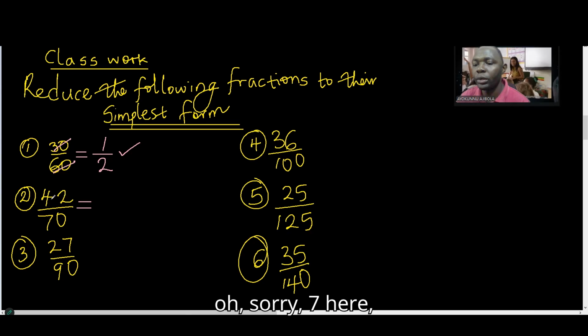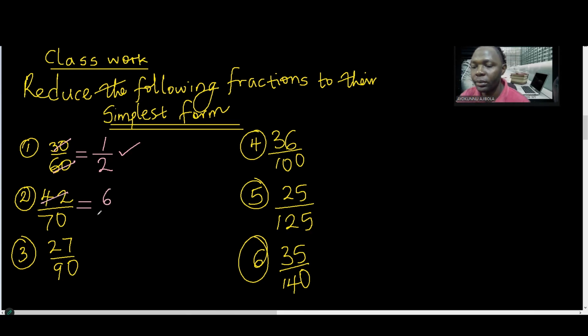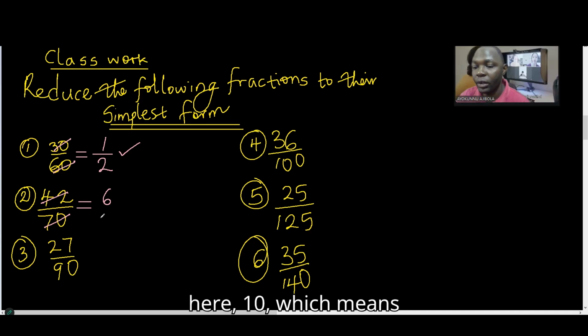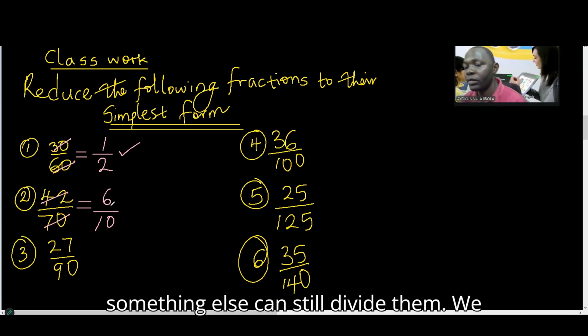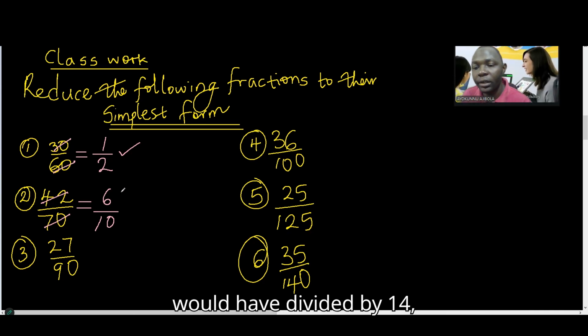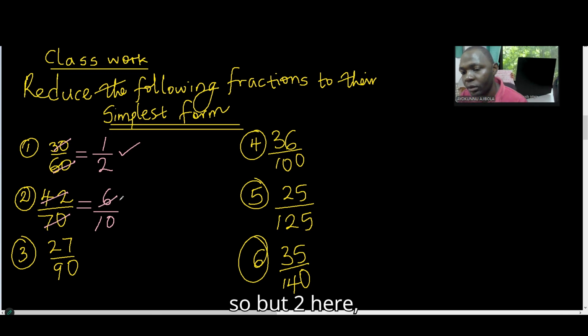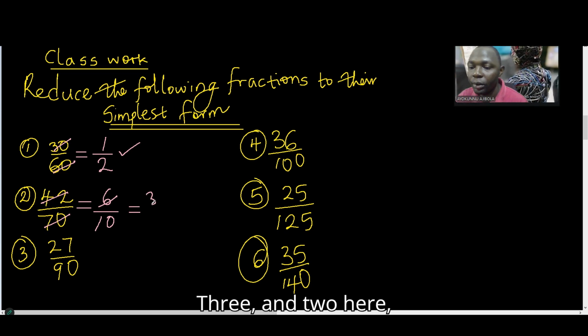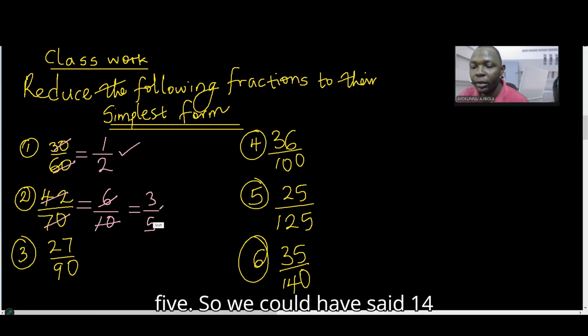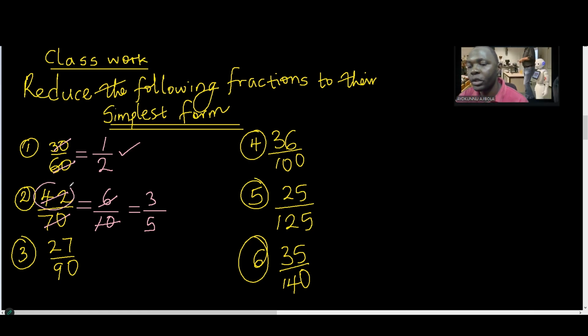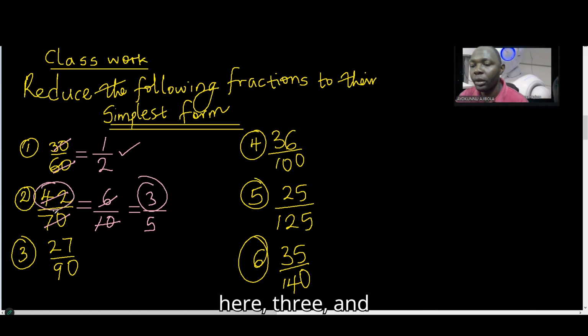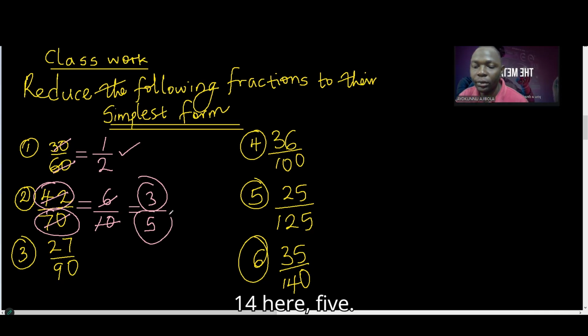Oh, sorry, 7 here, 6. And 7 here, 10, which means something else can still divide them. We would have divided by 14. So 2 here, 3, and 2 here, 5. So we could have said 14 here, 3, and 14 here, 5.